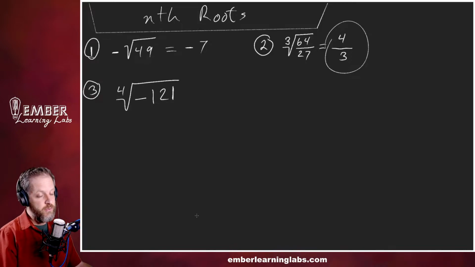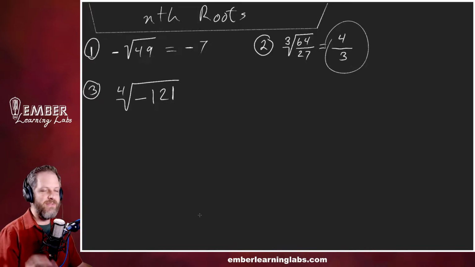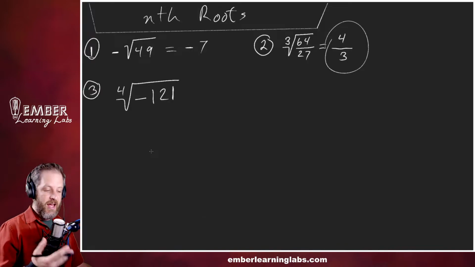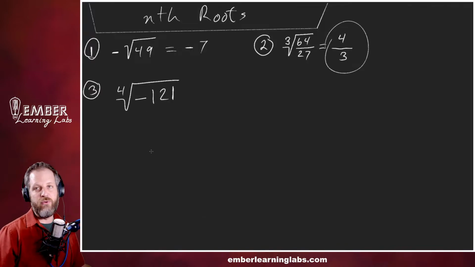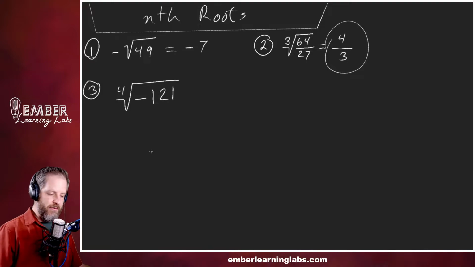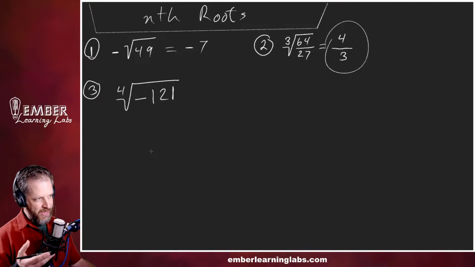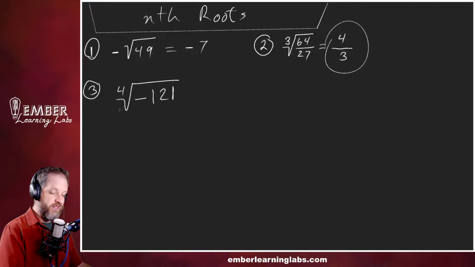Now, you probably are already having some bells ringing in your head on this particular problem, because you can't do that and get a real number. You cannot get a real solution. You could probably find an imaginary solution to this, but you can't find a real solution. And so the answer is no real solution.